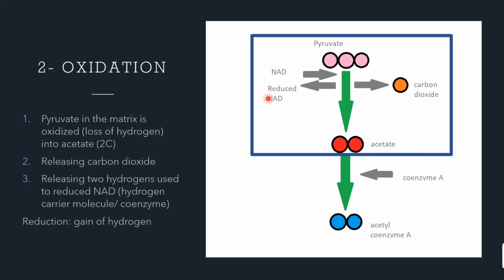And reduction is the gain of hydrogen. So our pyruvate loses its hydrogen, it is oxidized, so that the hydrogen atoms can bind to the NAD to reduce it. And NAD, just as a reminder, is a hydrogen carrier molecule, and it's also a coenzyme.